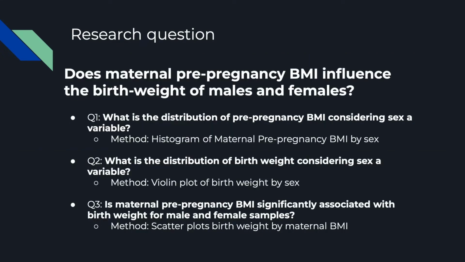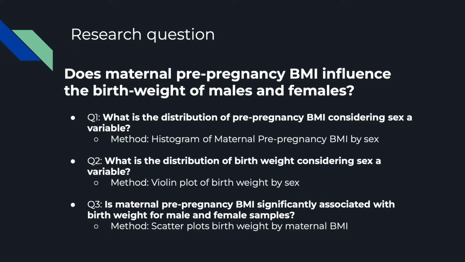So looking into the research question, the way I set this up was to ask 3 smaller questions that helped me assess if my data set was enough to tackle this question, and to actually test whether there was any correlation between the pre-pregnancy BMIs and the birth weight of the males and females.